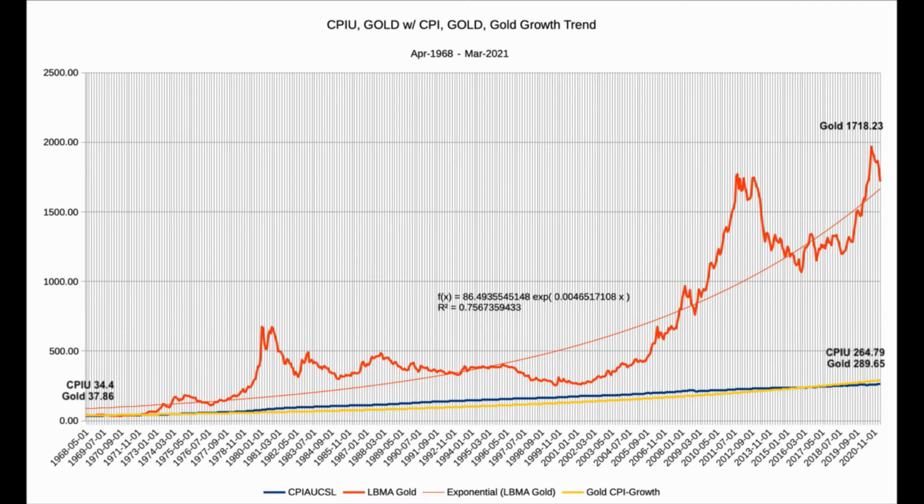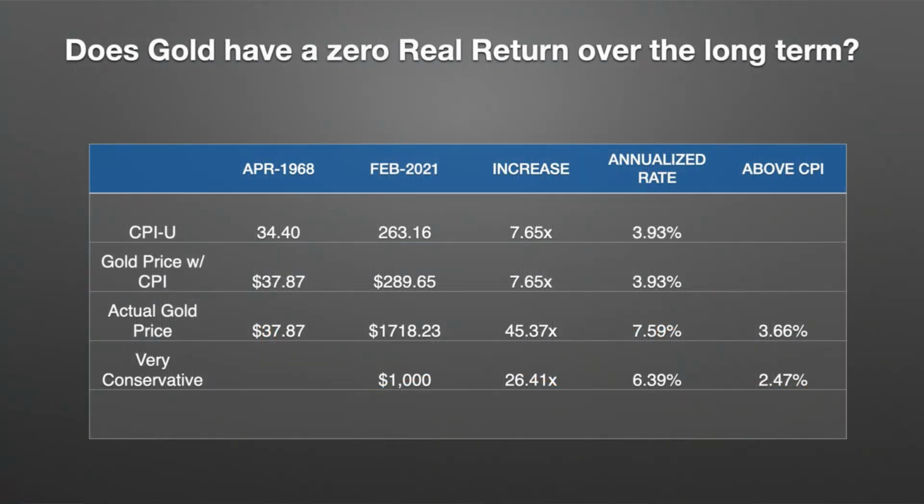But then you can say, well, maybe just right now the gold price is higher, right? Because interest rates are very low. The real interest rate right now is 0. If real interest rates went back up to 0.5% or 1% or 1.5%, the gold price should come down. So I made another calculation here. Suppose it went down to $1,000. That'd be pretty low. It hasn't been $1,000 since, when was the last time?